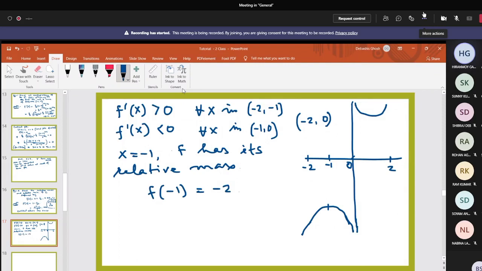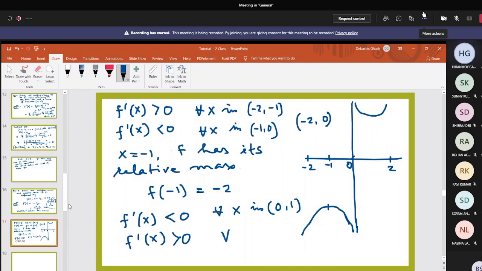Similarly, if you consider from 0 to 2, f dash x is negative in this interval for all x in the open interval 0 to 1, and f dash x goes positive for all x in 1 to 2.